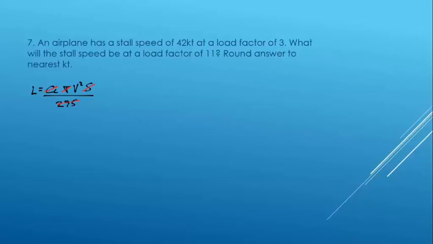Problem number 7 is a load factor change. What happens to stall speed when load factor changes? We set up the lift formula, cross out what we don't need in the lift formula. Here I've taken the velocity squared, moved it under the lift, and that's for condition 1.